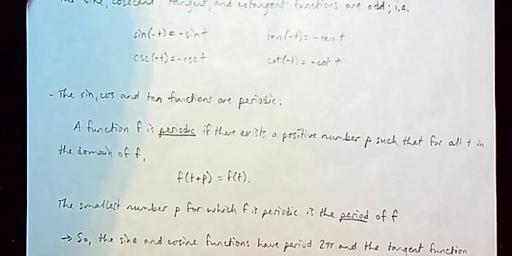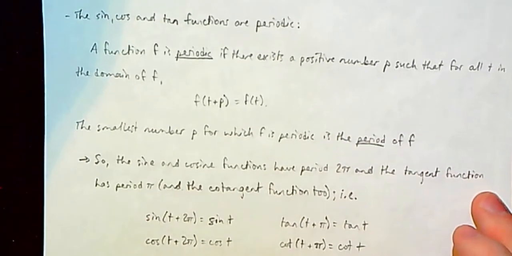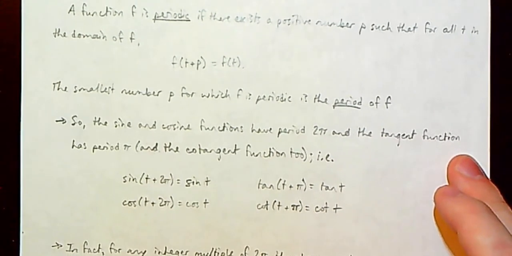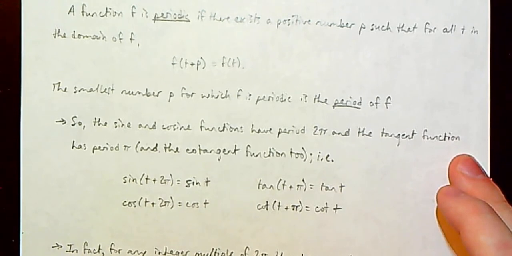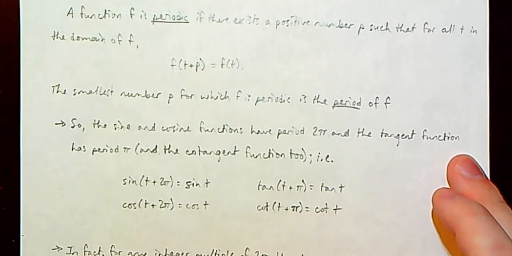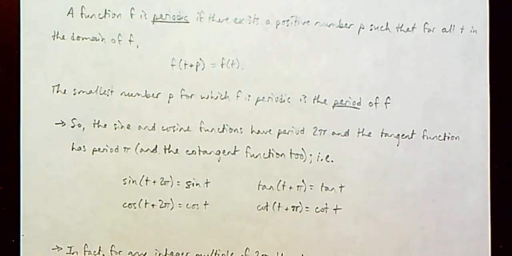So what are the periods for sine, cosine, and tangent? The sine and cosine functions each have period 2 pi. The tangent function has period pi, as well as the cotangent function. That is to say, sine of t plus 2 pi is equal to sine of t. Cosine of t plus 2 pi is equal to cosine of t.